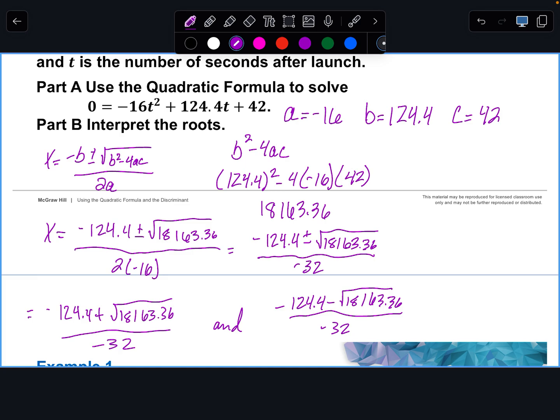So what do I get when I take the square root of 18,163.36? 134.77.